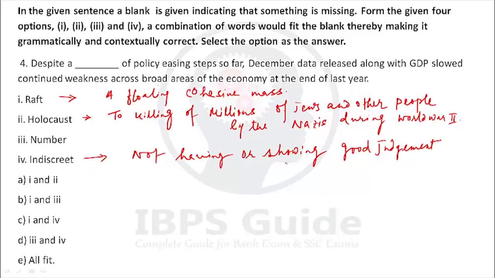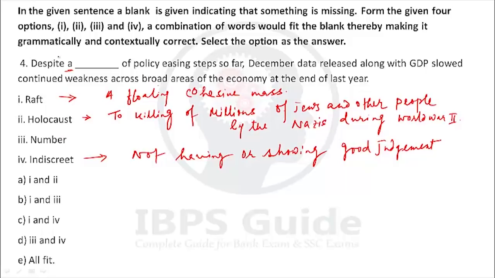If we write "despite a indiscreet", it will be wrong, because the word starts with a vowel, and before a vowel we always take "an". So the fourth option will not be correct. So the rest of the two options will be our answer, raft and number.